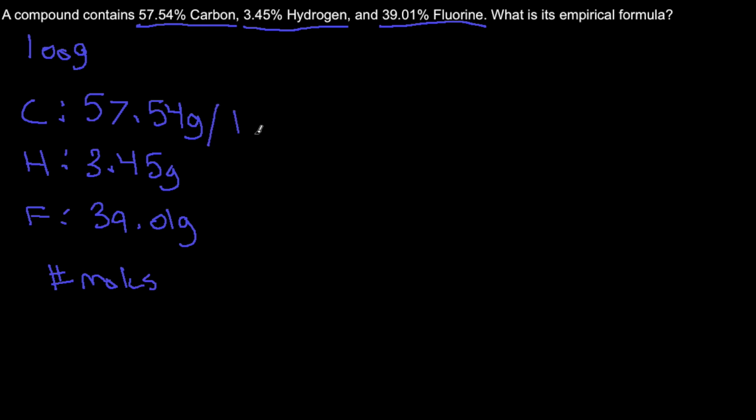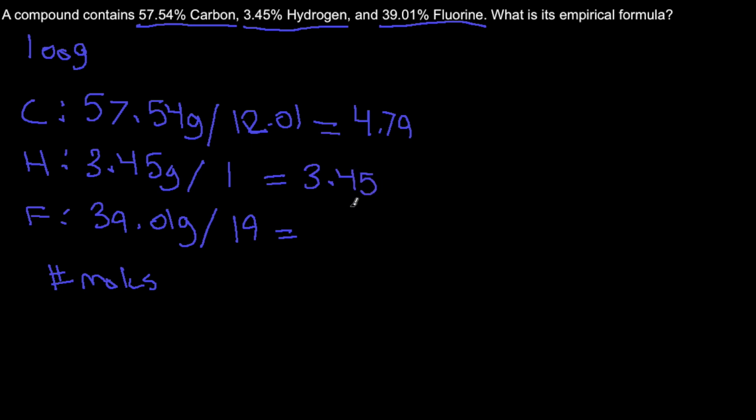So that's going to be 12.01 for carbon, 1 for hydrogen, and 19 for fluorine. So for carbon, we are going to get 4.79. For hydrogen, we're going to get 3.45. And for fluorine, we are going to get 2.05. And of course, all of these are moles.